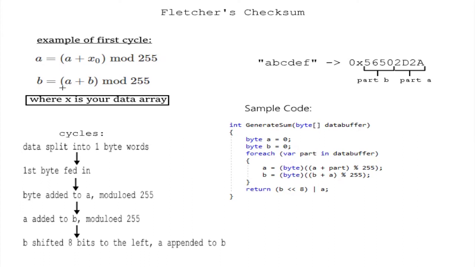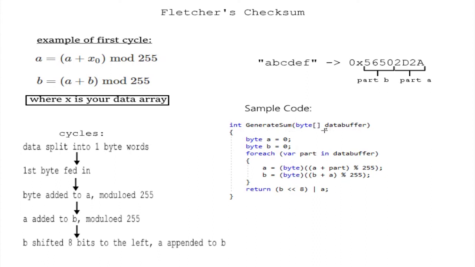What I mean by that is every cycle, the current value of A is added to B. So B is an accumulation of all of the values that A has had. Try to get that through your head. When you look at the code, it's a little bit more understandable. But again, this is modulo 255.